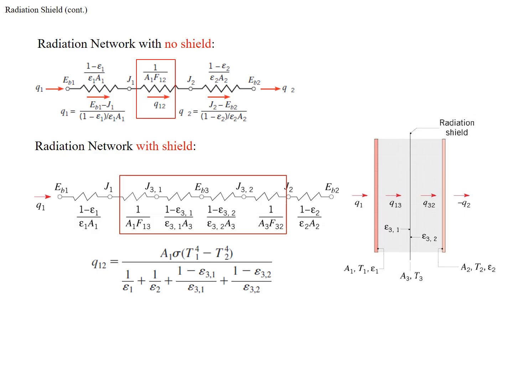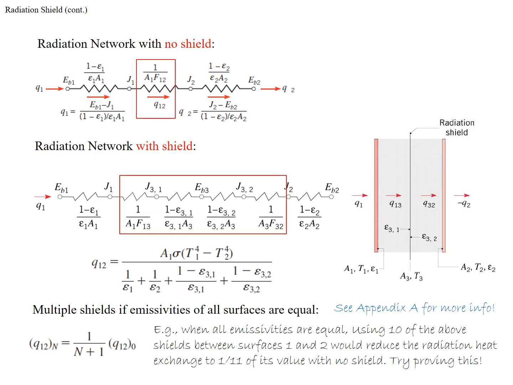But in the case of two plane surfaces, the areas are the same for surface 1, the shield, and surface 2. We also say that if you use multiple shields in between two surfaces, assuming that all your emissivities are equal, we can say that your radiation will be lower by a factor than what you would have if you didn't have any shields.